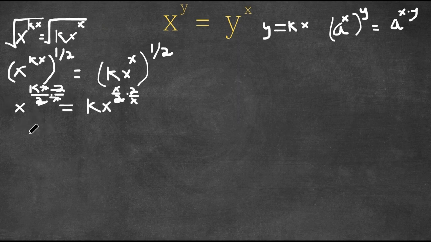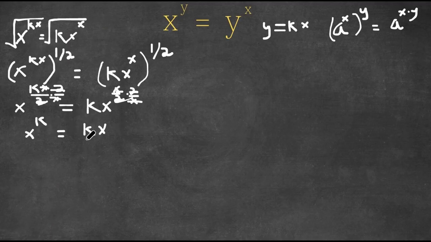So on our left-hand side, we would be left with x to the power of k. And on our right-hand side, our 2's would cancel out, and so would our x's. So we would just have kx to the power of 1, which is simply kx. So now we have x to the power of k equals kx.